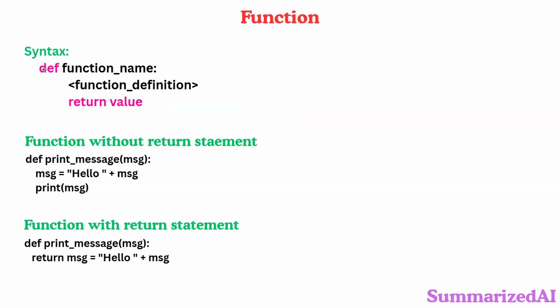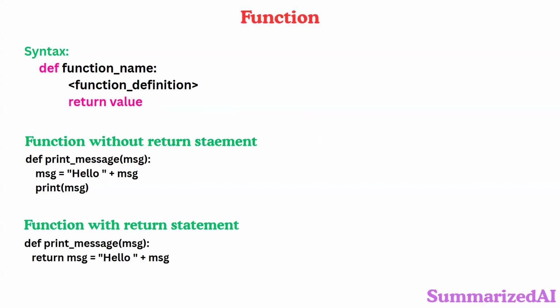Right after def, we give our custom function name. We want something meaningful to describe what it does. So suppose if I want to add two numbers, I will write def add. Or if I want to calculate the interest, I would say def calculate_interest.